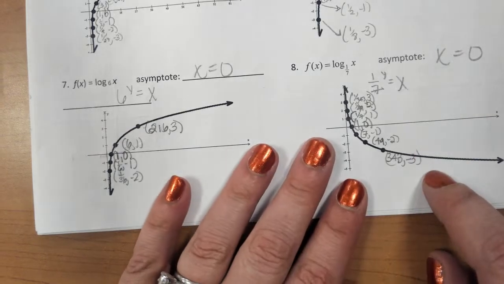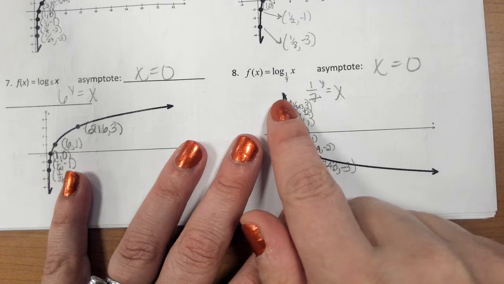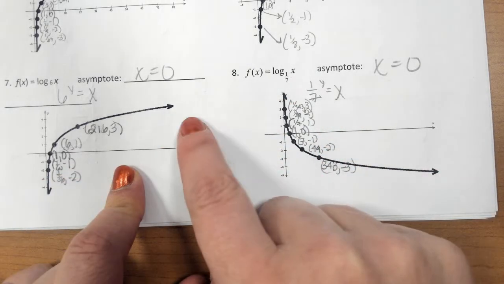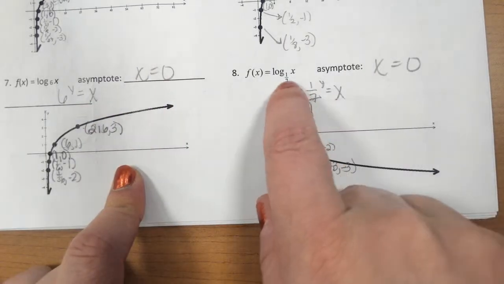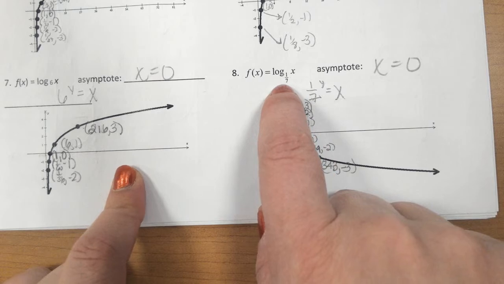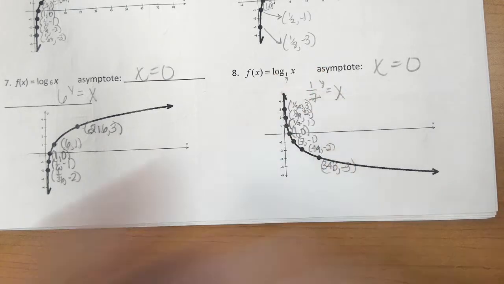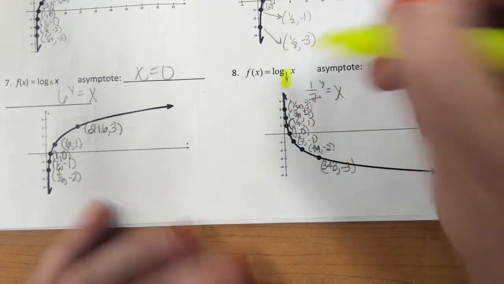And then on this one, you still have an asymptote at x equals 0. You still have nice easy values for y, but you'll notice here again, this one looks different from the other 3, and that's because we have a base that is not greater than 1 here. So that's what makes this one an exception, and that's why it looks like it has been flipped a little bit.